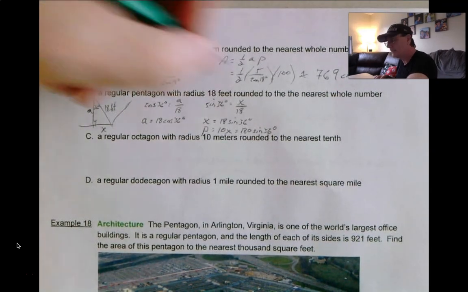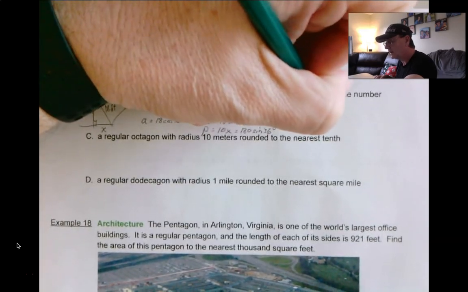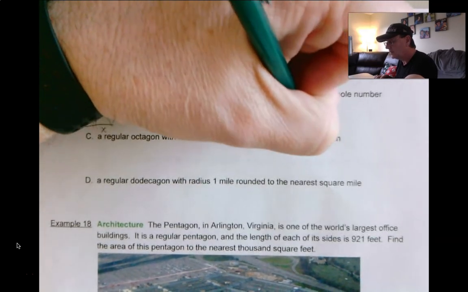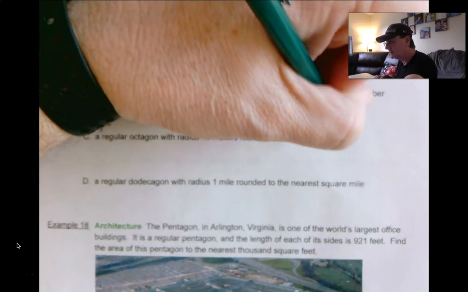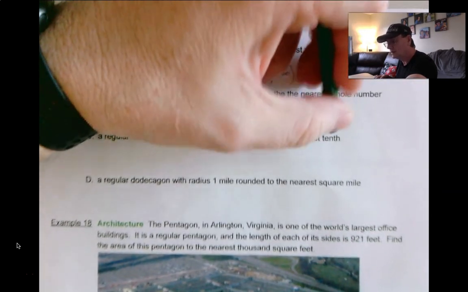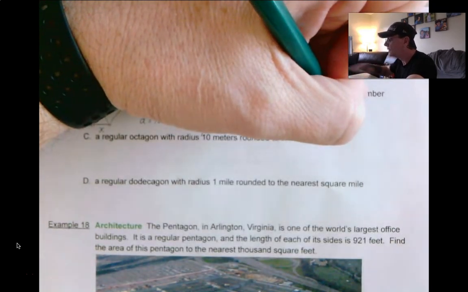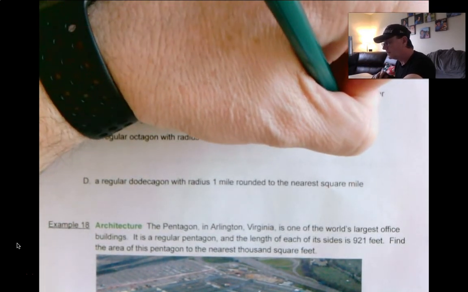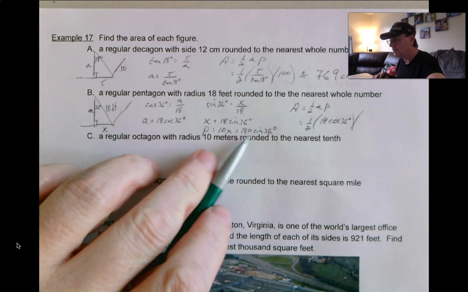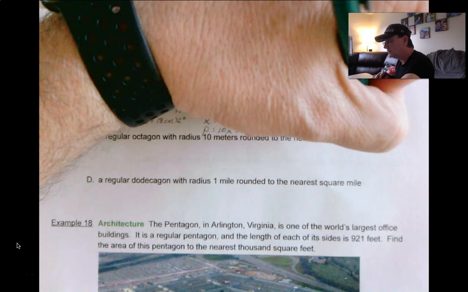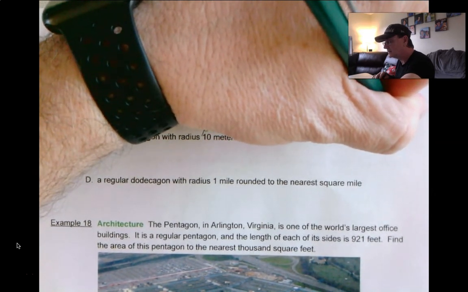And the area equals 1/2 AP, 1/2 times 18 cosine 36 degrees times the perimeter, 180 sine of 36 degrees.